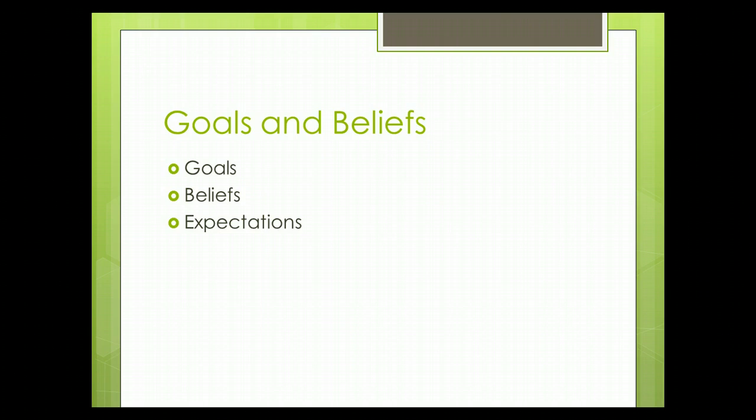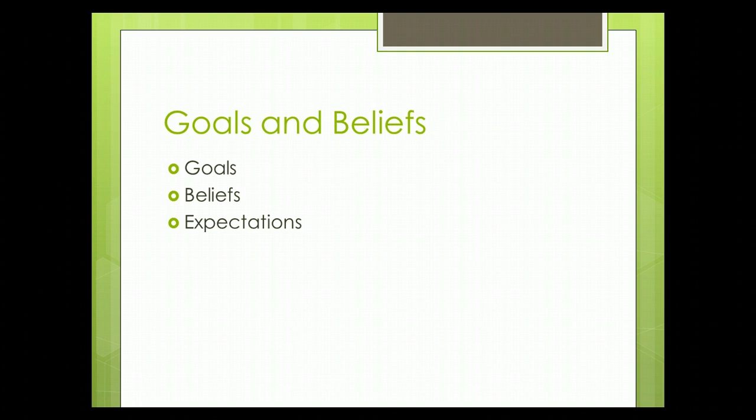Then we talk about beliefs. Beliefs are just what it sounds like, what we believe to be true, and our expectations are based on our beliefs. So the expectancy theory of motivation says that people's effort is determined basically by their beliefs in three specific areas.